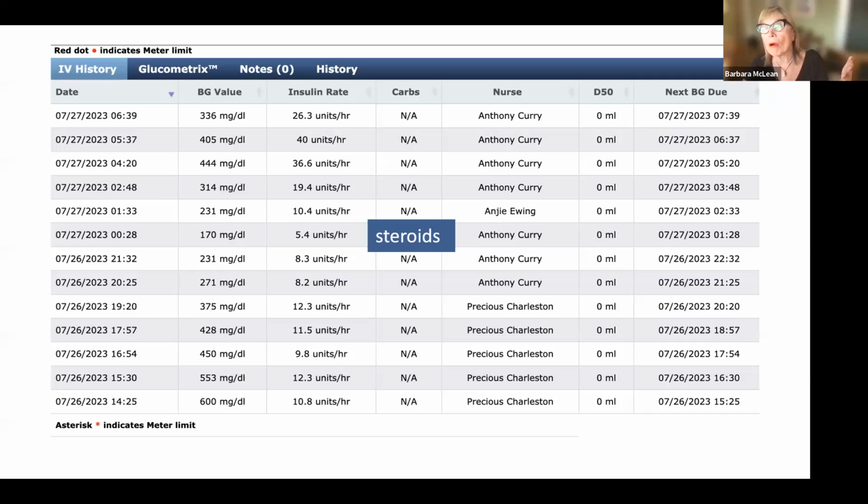Because when we're talking about our neuro patients, they're getting steroids and you see that they have a fair amount of glycemic variation, and we never want them to have hyperglycemia, but also we don't want to allow them to have hypoglycemia. But here, our patient got steroids, and you see that despite the fact that the insulin is going up, up, up, your patient's blood glucose is going up, up, up, and that's because of his response to steroids. So when you see that high dose of insulin, you should always ask a question.